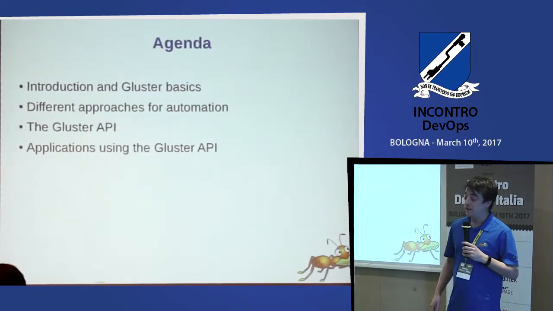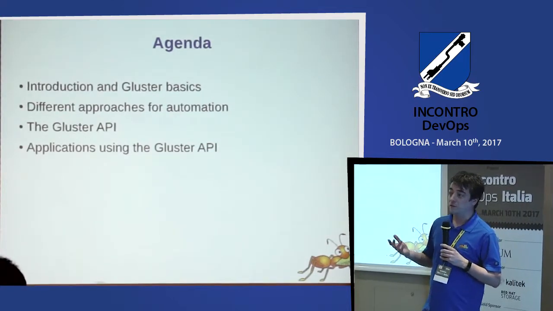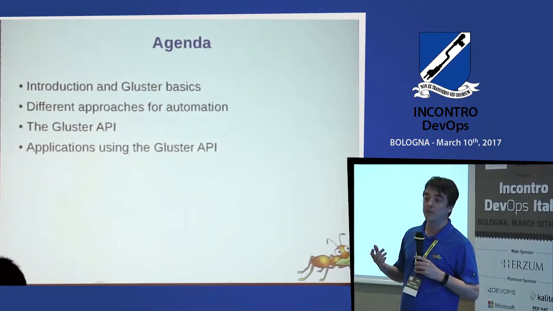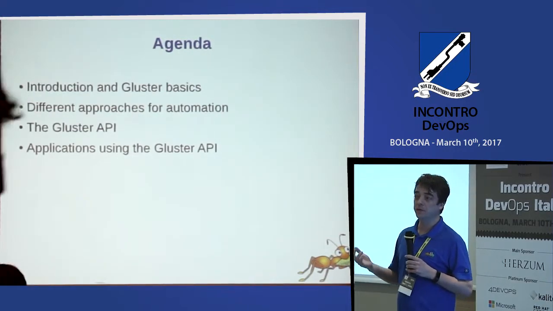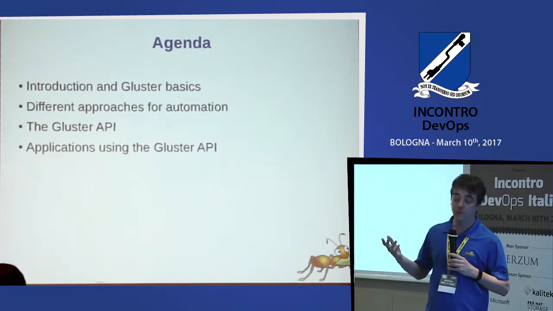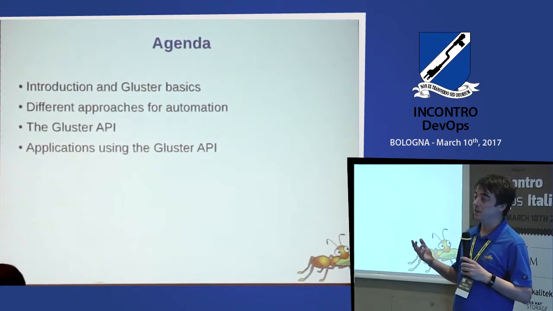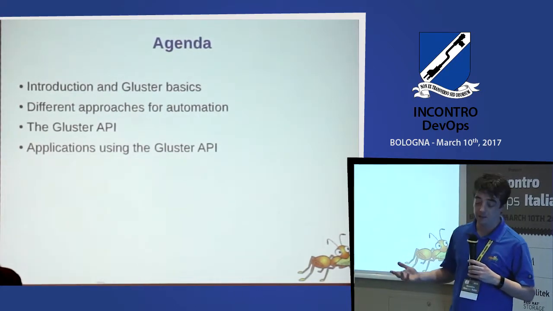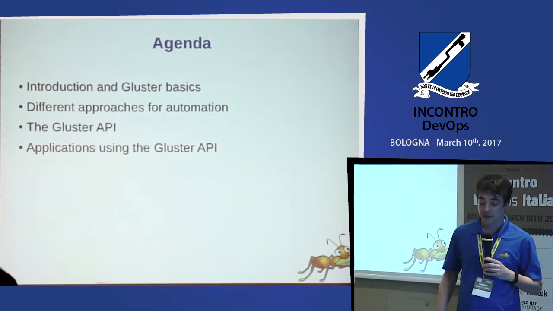So today I'll explain to you a little bit about the basics of Gluster. I don't know how much I have to go into detail. Who of you are familiar with Gluster? Who used it before? Okay, so I'll explain a little bit more about the details of how Gluster does provide a scalable storage solution or file system.